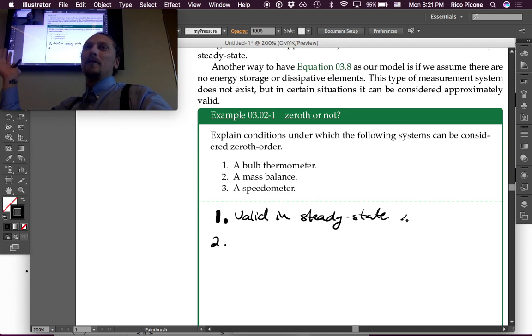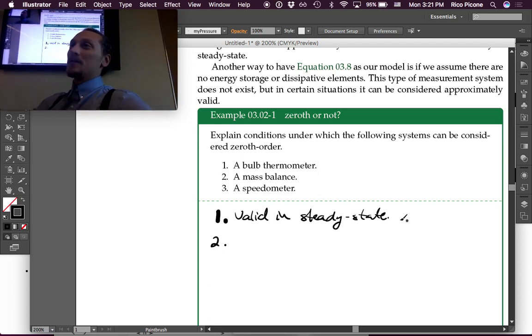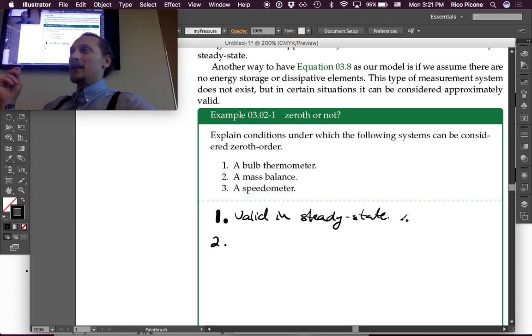Of course, it's not valid all the time. The zeroth order is not going to be valid for this in the transient at least, right? I mean, that's pretty clear. But it is valid if we are going to consider just steady state. If we're willing to wait for this thing to be at steady state, we could come up with a zeroth order model that works okay. And that's what we do with these mass balances, and that's what we do with bulb thermometers too.